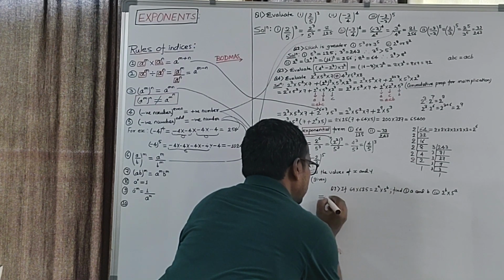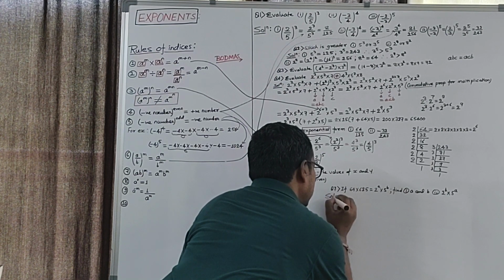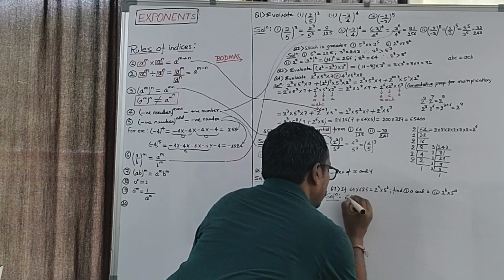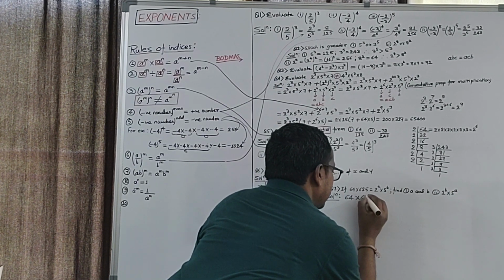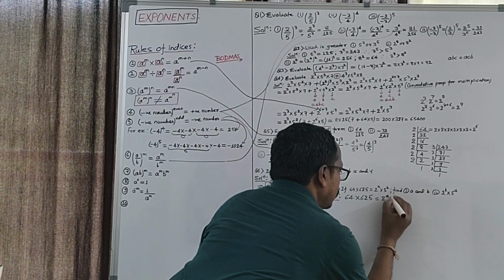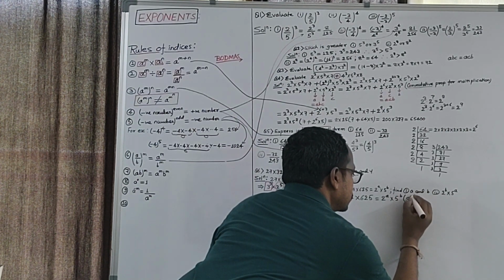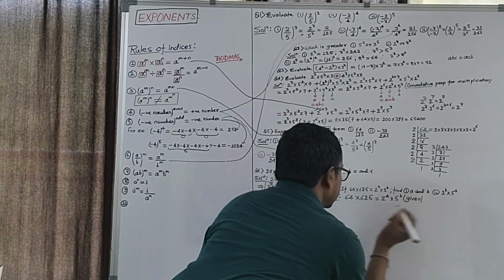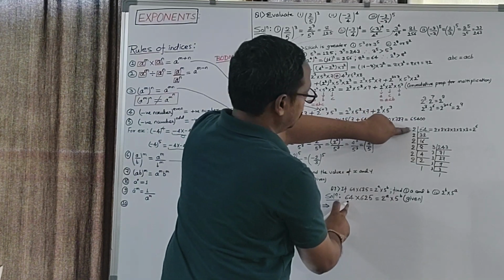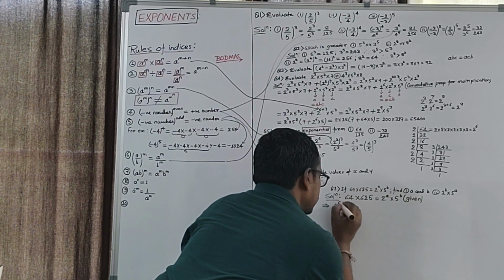So as the solution you will write: 64 into 625 is equal to 2 to the power a into 5 to the power b. This is given. 64 is 6 times 2, so prime factorized you can write 2 to the power 6.